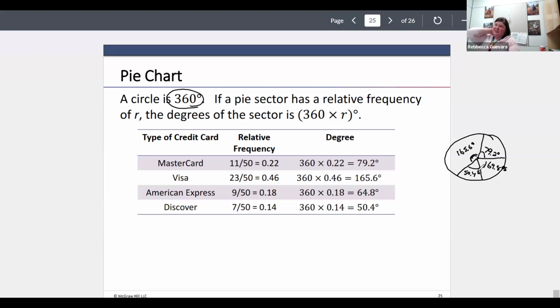That's how we get those measurements: we take the relative frequency and multiply it by 360 degrees, and that tells me how many degrees each pie sector is taking up.